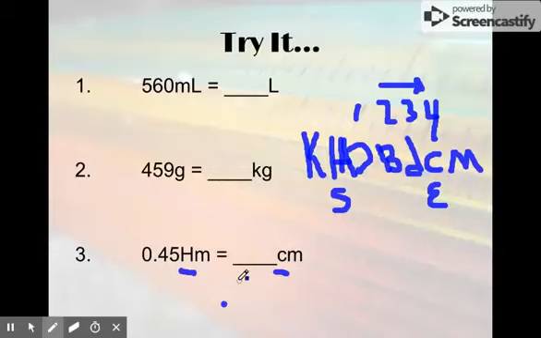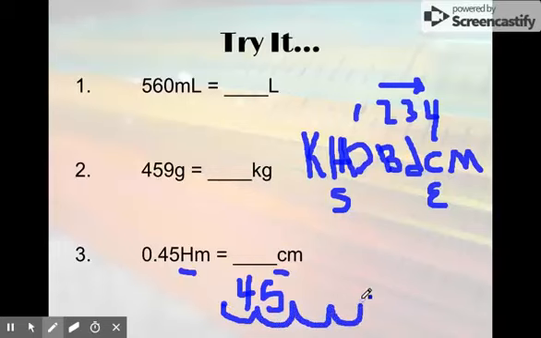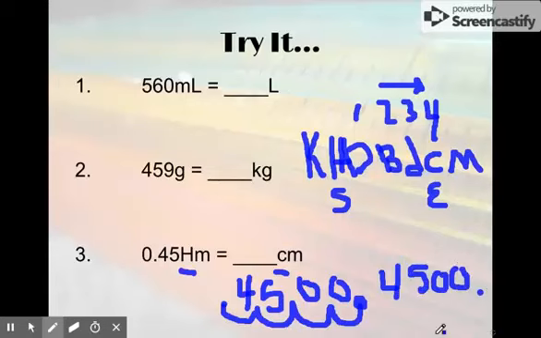So our number, 0.45. We see our decimal point now, so we're going to use that one. We'll move it 4 to the right, 1, 2, 3, 4, and fill in with 0, 0, 0. So our answer should be 4,500 with our decimal point at the end. So now you're going to try it a little bit more on your practice for today.